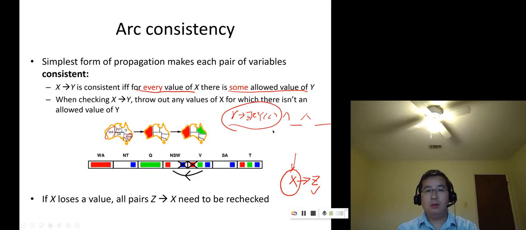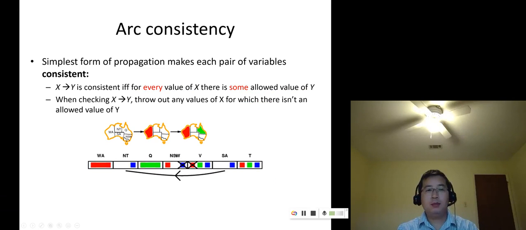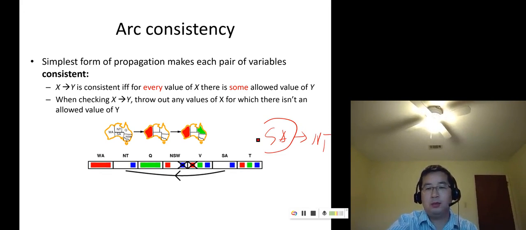Let's look at SA. Okay, SA to NT. For the previous example, if we apply the arc consistency, then we can detect the failure earlier, because we know SA and NT are tied to each other, and then we perform the arc consistency checking, and SA and NT are not arc consistent, because every value from SA has only one value.